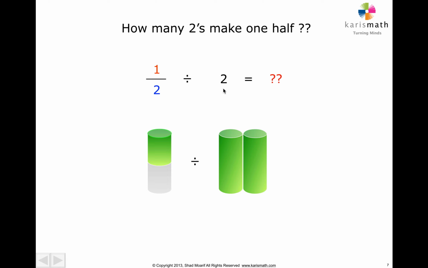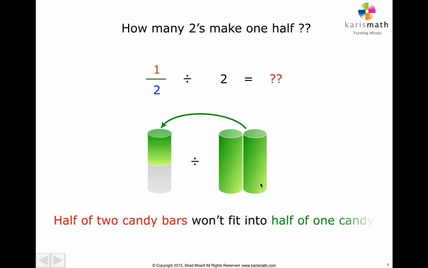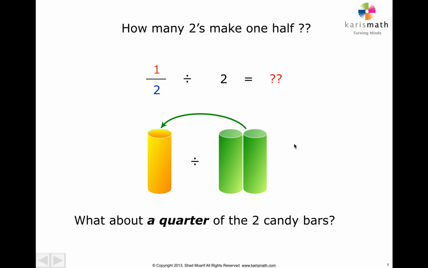It's very counterintuitive, but what we're really asking is, what fraction of this fits into this? One way to find it is to think of how many of these fit into this. We know that half of it won't fit into it. Half of it is that large, and this is very small. So what about a quarter of the 2 candy bars?